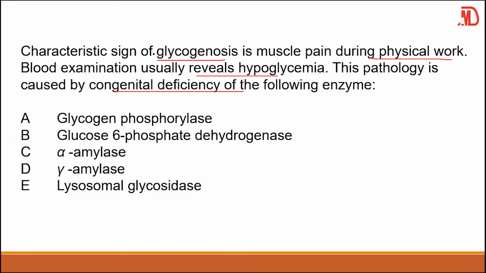I've already explained what glycogenosis is all about. This simply refers to glycogen storage disease. Glycogen is the stored form of glucose. So anytime we have a deficiency in an enzyme, either in its storage or in its release, we call it glycogenosis, or glycogen storage disease.